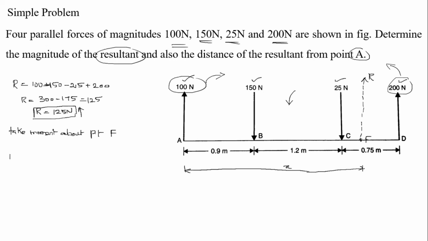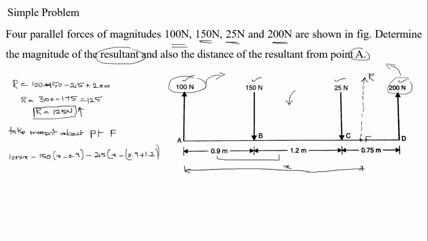So 100 into x, minus 150 into x minus 0.9, the distance between B and F, which is x minus 0.9, and 25 Newton is also downward, so 25 into x minus the sum of these two distances, 0.9 plus 1.2.